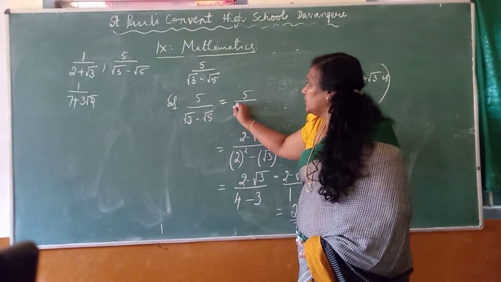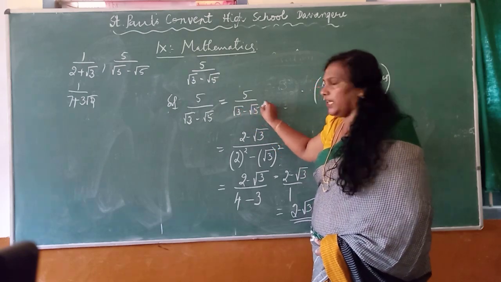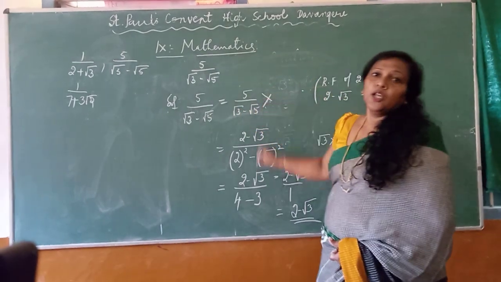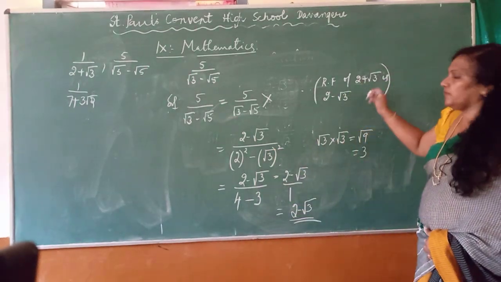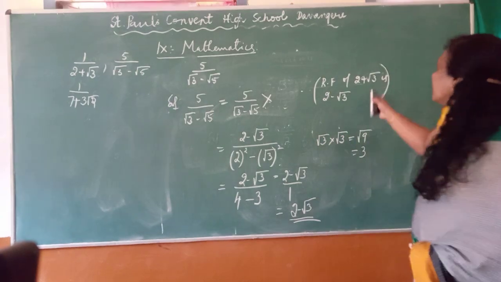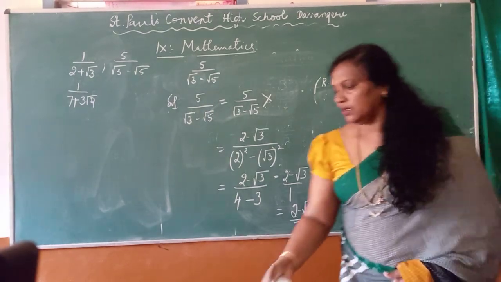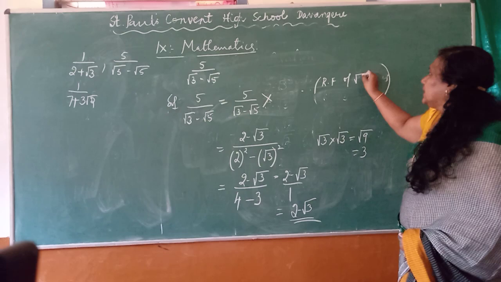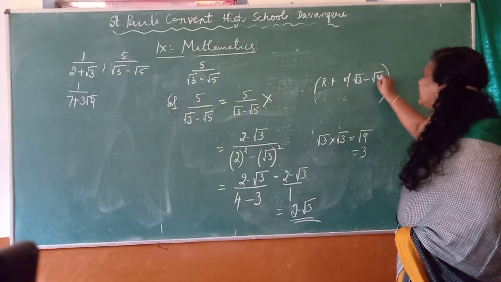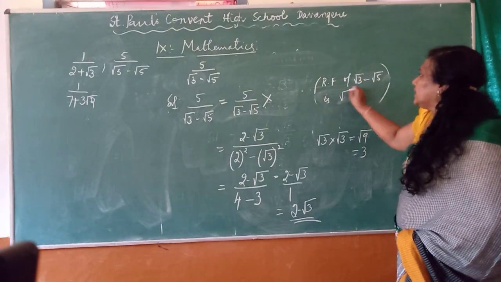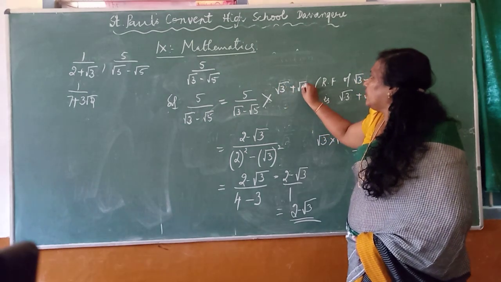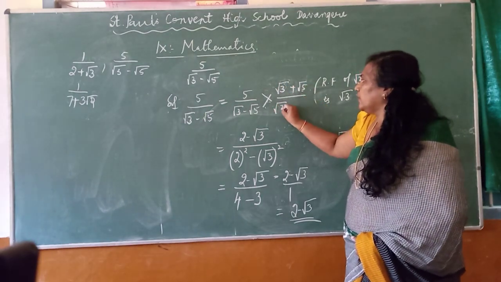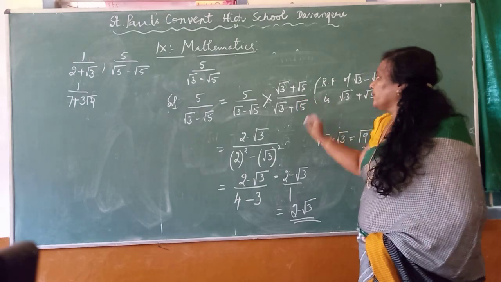I have to take it down and multiply numerator and denominator by the RF of root 3 minus root 5, which is root 3 plus root 5. So I will just write here numerator root 3 plus root 5 divided by root 3 plus root 5.